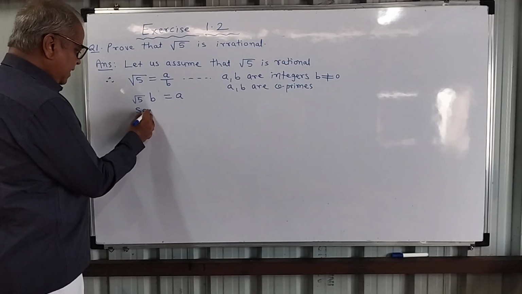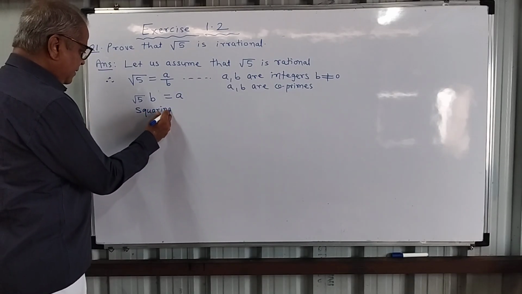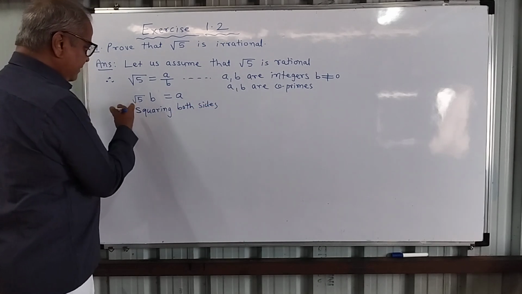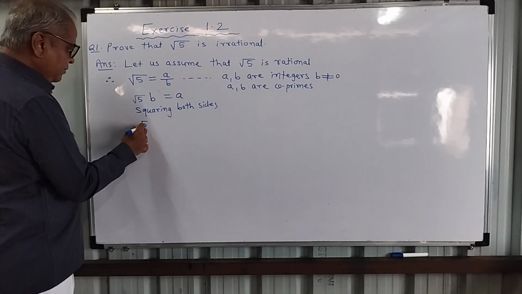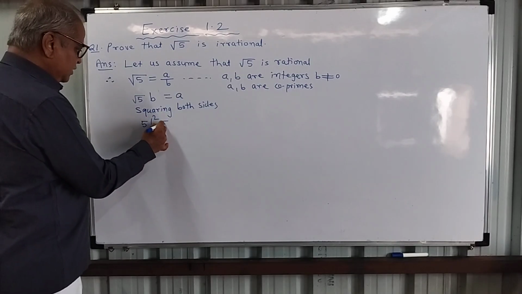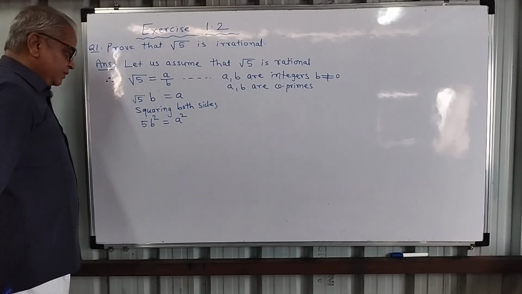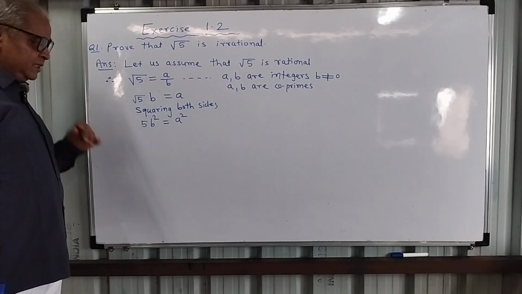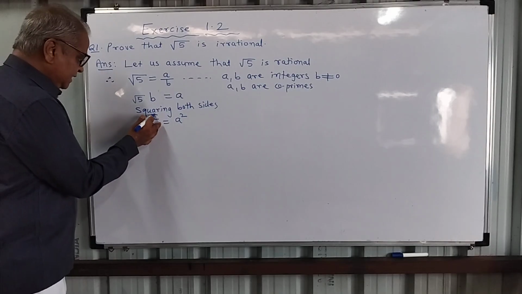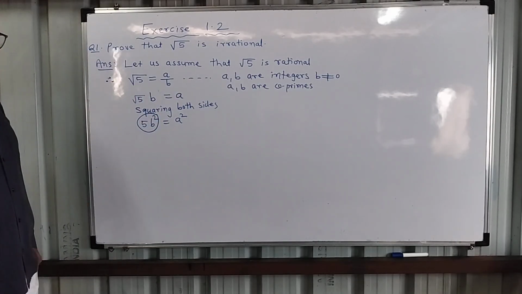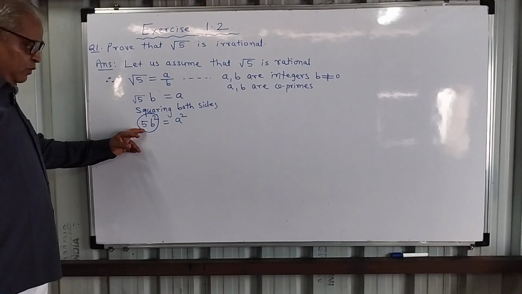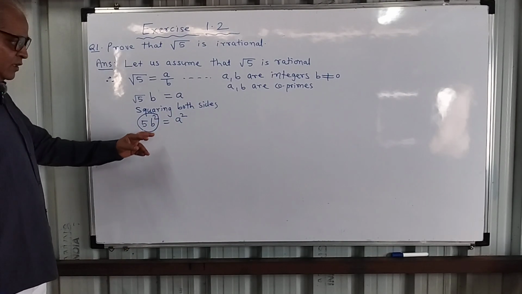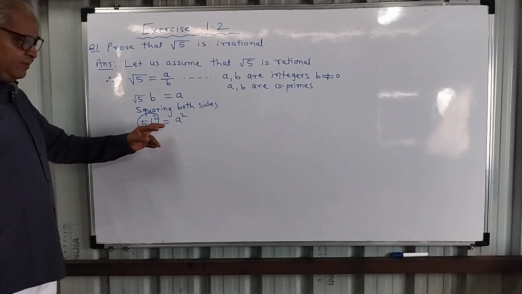Squaring both sides, square of root 5 is 5, b square is equals to a square. Now look at this step, 5 into b square, that means 5b square is divisible by 5. As 5b square is divisible by 5, a square has to be divisible by 5, because there is equals to sign between 5b square and a square.